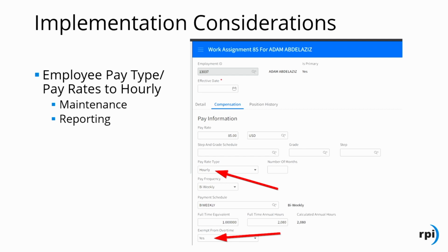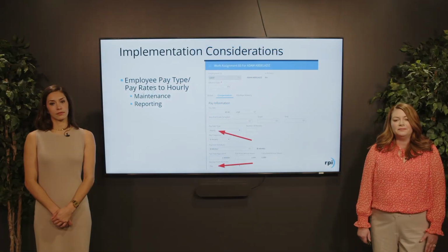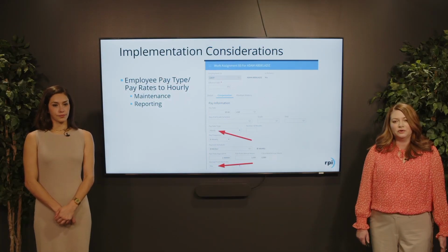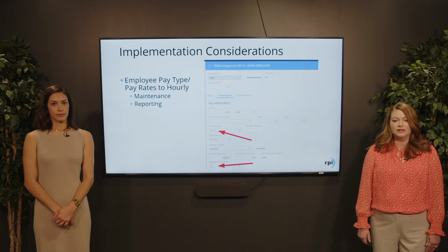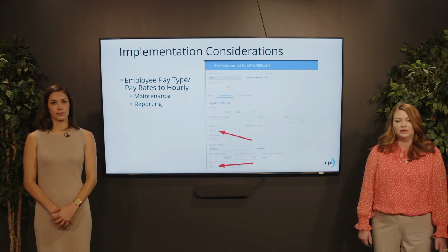This eases some of the maintenance items related to keeping your hourly rates with your hourly folks and annual pay rates with your salaried employees. It also allows for easier reporting, and this is an area that can definitely improve not only reporting but also auditing.